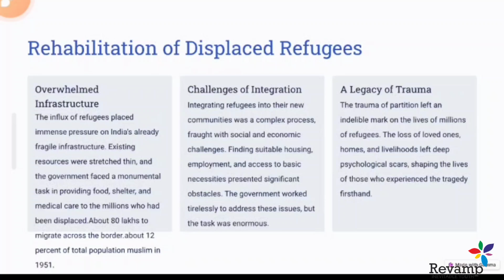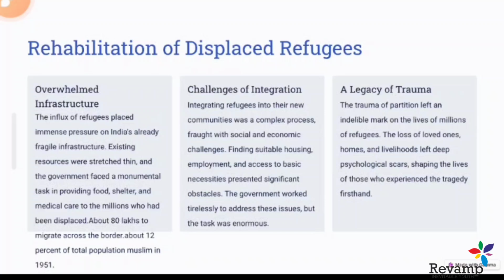What is the challenge of integration? Integration means how we will integrate such a different population. We know that Pakistan declared itself an Islamic country, but we Indians did not declare ourselves a Hindu country. We declared ourselves a secular country. As a secular nation, we will integrate all the religious people, whether they were Hindu, Muslim, Sikh or Christian.